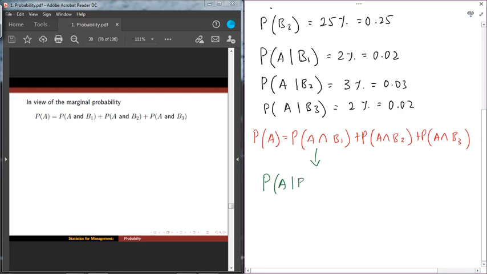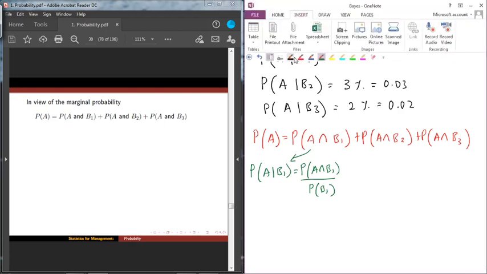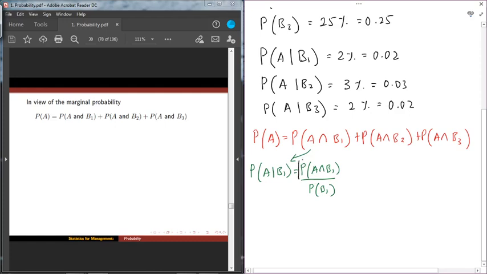P(A given B1) is equal to P(A and B1) over P(B1). If I want A and B1, I cross multiply.